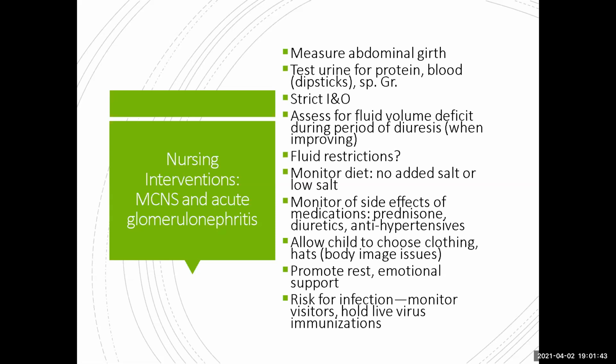Some nursing interventions: measure the abdominal girth. So this is when we talk about rationales. Why do you think one of your nursing interventions is to measure the abdominal girth? Because of ascites?